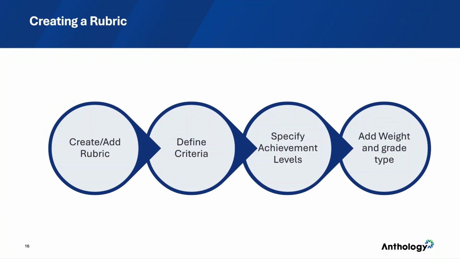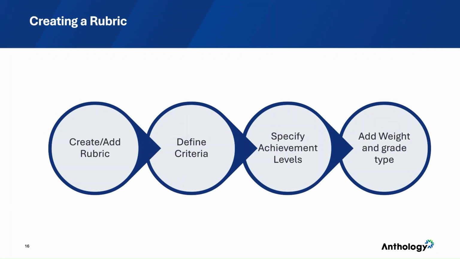For creating those rubrics, you'll be able to create and receive an empty canvas, where you can define criteria, then specify the achievement levels. You can keep adding columns as achievement levels, and then add weight and grade type for those.